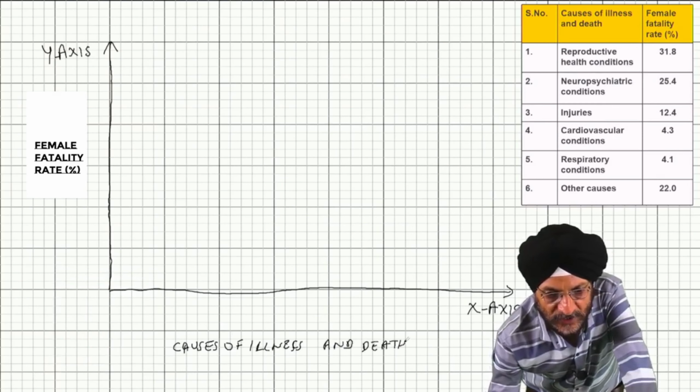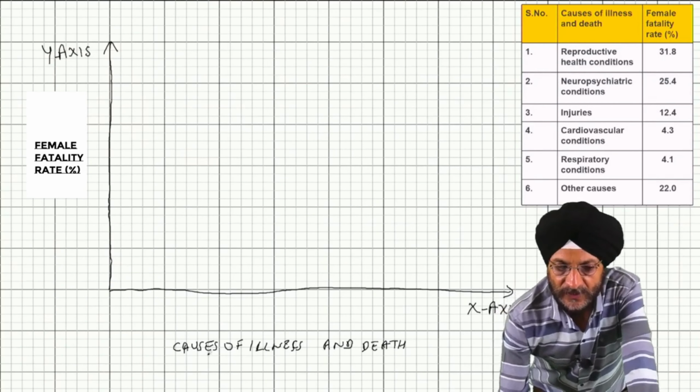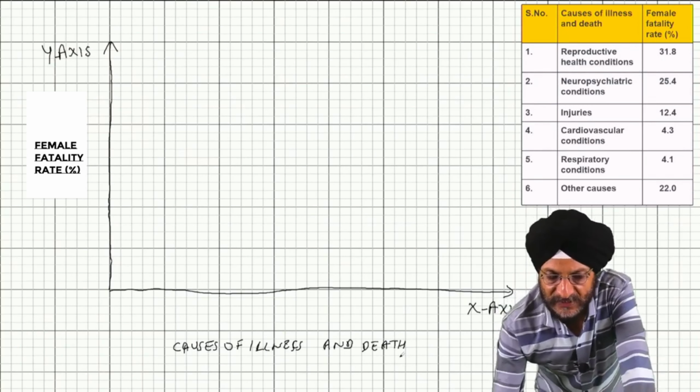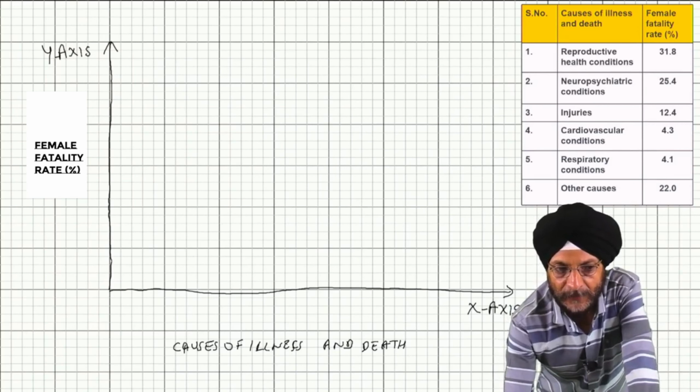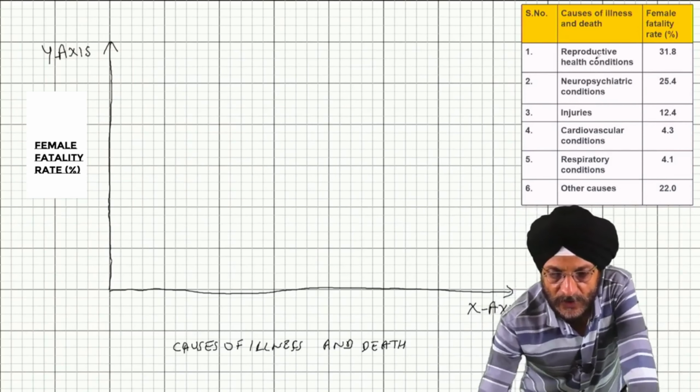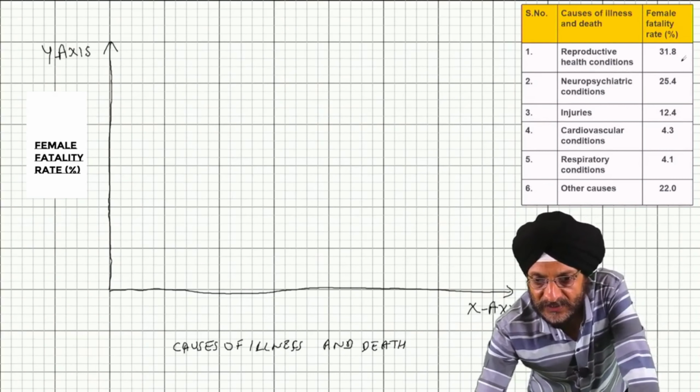That is, on the x-axis we will take causes of illness and death, and on the y-axis we will take female fertility rate. So now, what is reproductive health conditions?